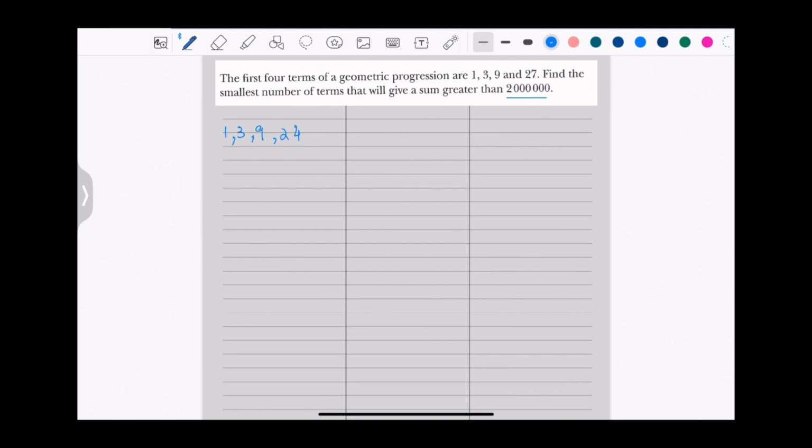Too many zeros though. So in this question, I'll first make the data: a is equal to 1 and the ratio is 3. Every previous term is being multiplied by 3 to give you the next term. This is 27.